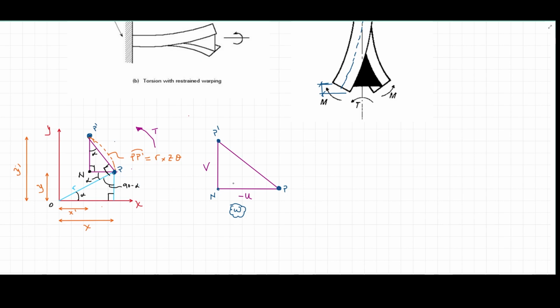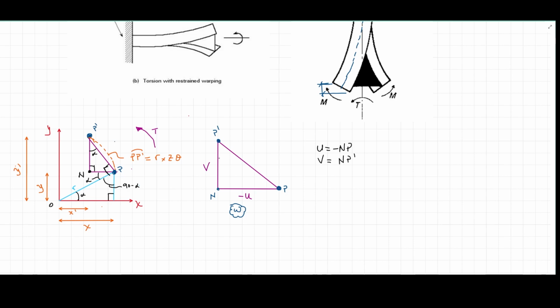So if I wanted to discover how much each one of those displacements is, I could write it this way. First, the distance in x, u. I know that corresponds to going from P to N. And v, I know that comes from going from N to P prime.